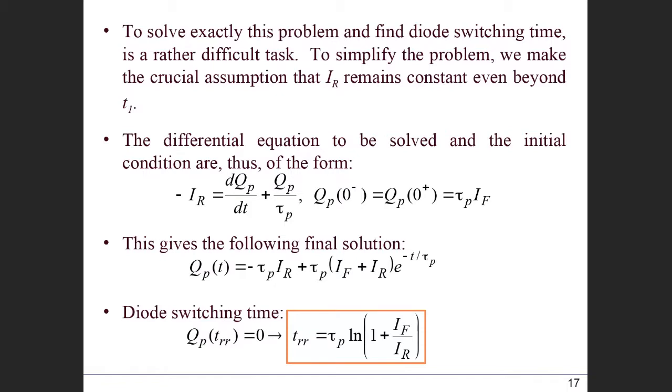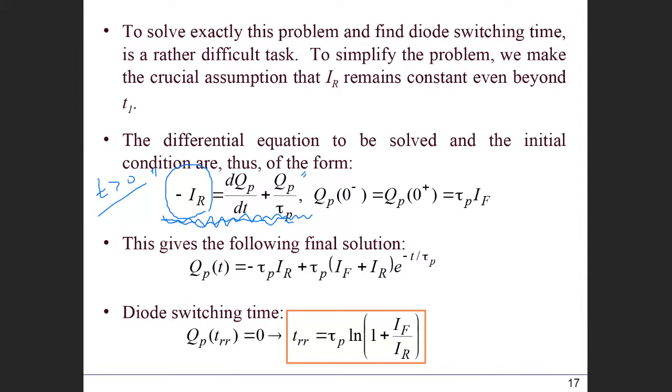Our equation, from the hole concentration change, is that when T is larger than T equals 0, our current changes to the negative IR. Then you have QP and QP over tau P following this equation. This equation, the same way, represents the continuity equation for the hole.